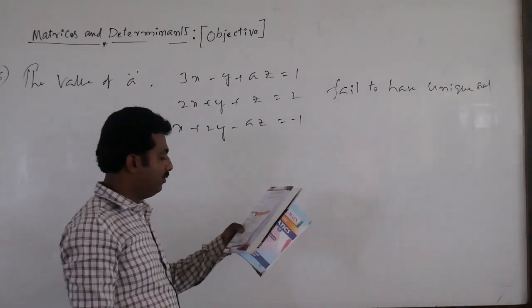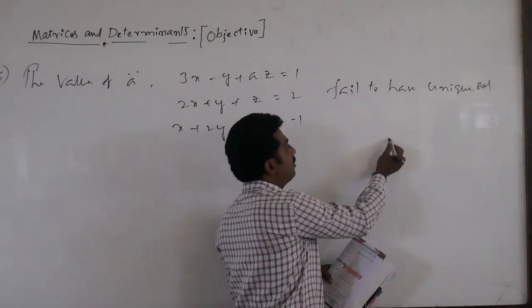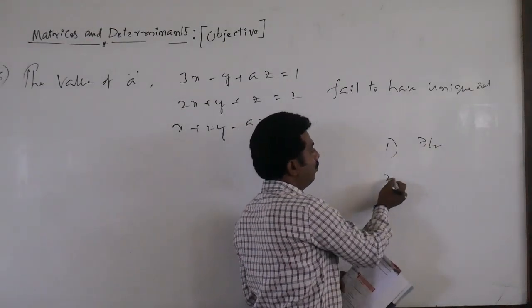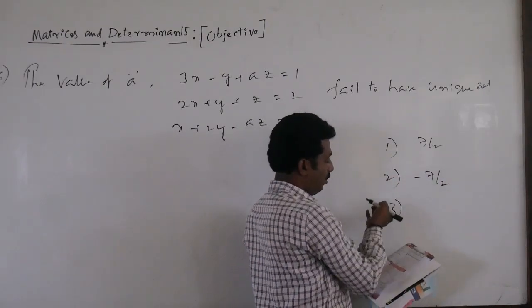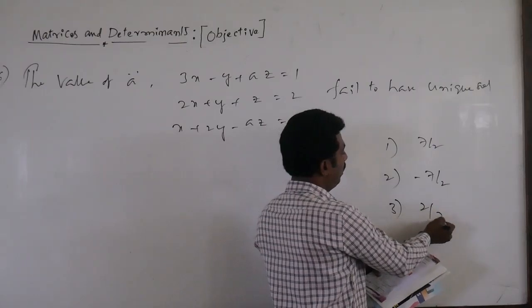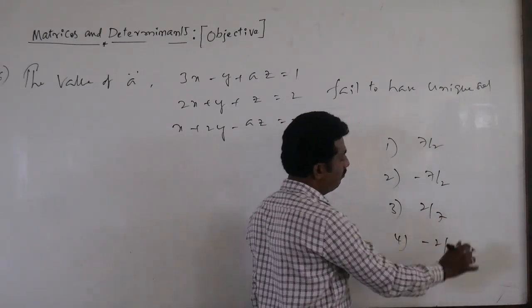Then the value of A they are asking. Options: first option 7 by 2, second option minus 7 by 2, third option 2 by 7, fourth option minus 2 divided by 7.